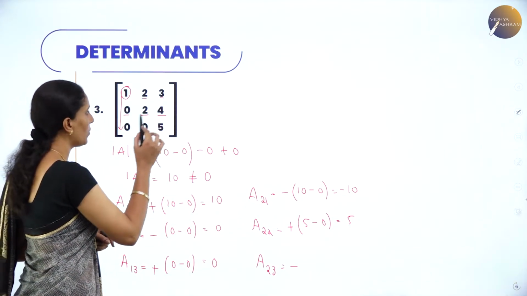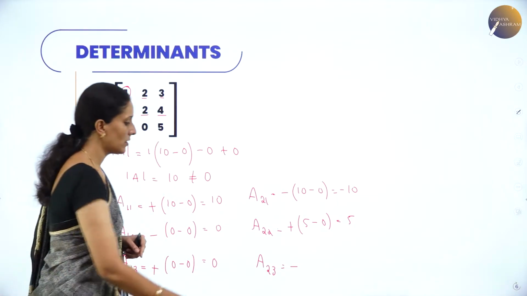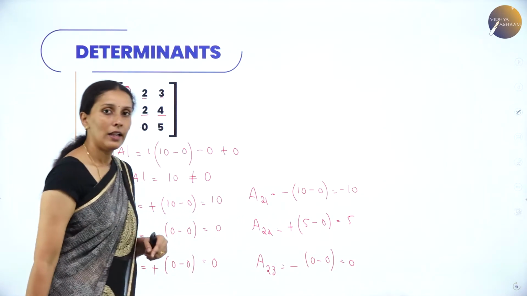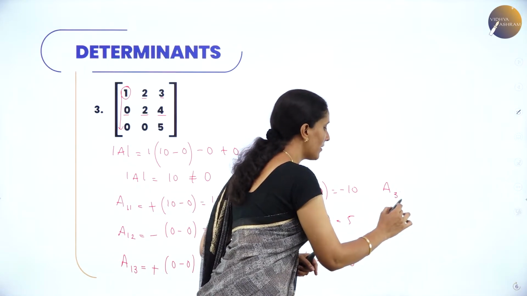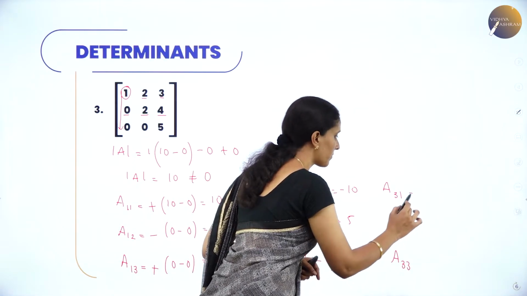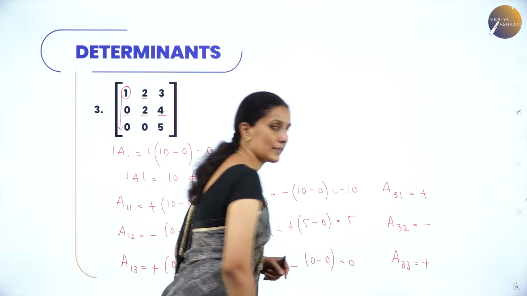Next is A23, delete the row, delete the column. 0 minus 0 it becomes. So the value here is 0. Next, the third row elements, that is A31, A32, A33. So here we have plus, minus, plus.